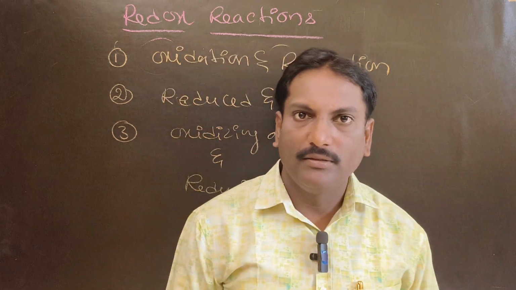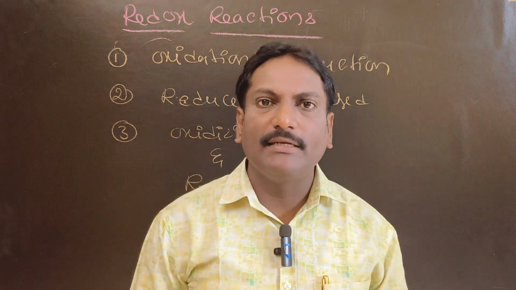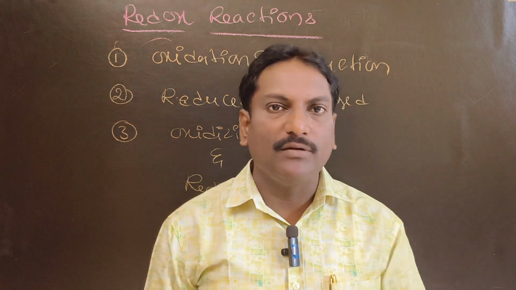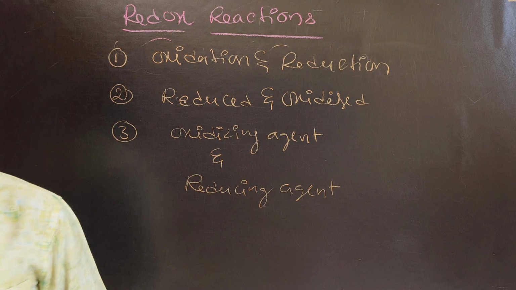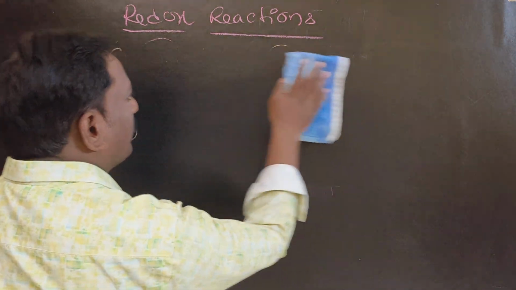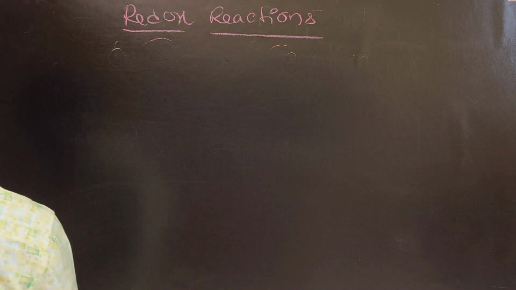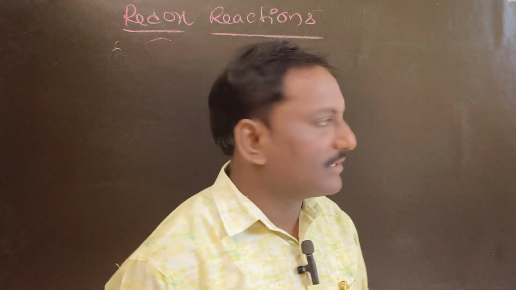Okay, right. So let us understand what is meant by reduction and what is meant by oxidation with the help of a tabular form. Get ready. I am going to give one tabular form, and with the help of that you will come to know what reduction is and what oxidation is.